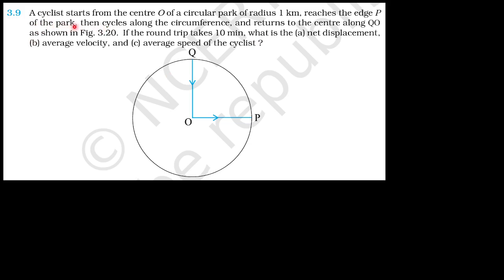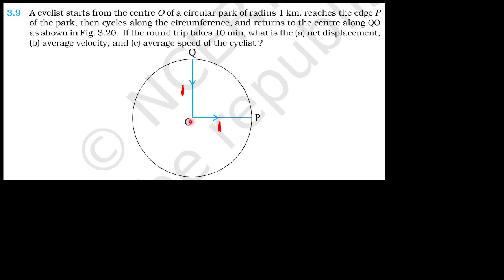Question 3.9 from the textbook. A cyclist starts from the center O of a circular park of radius 1 kilometer. It is given that the radius is 1, correct?